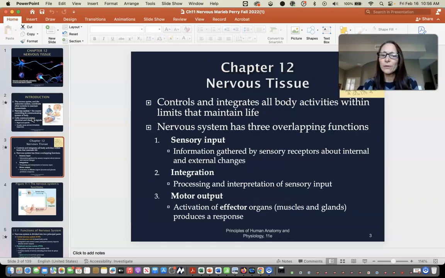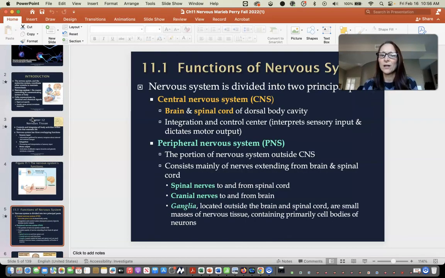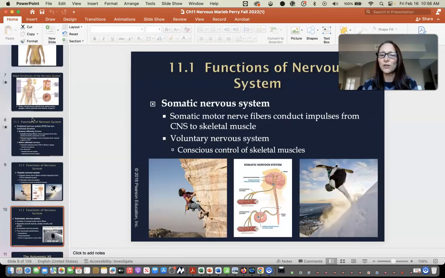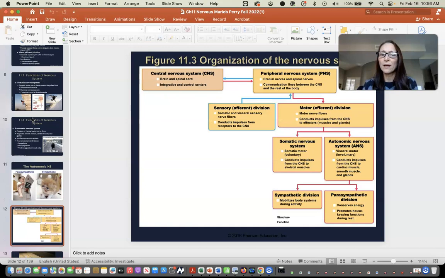So it's going to go through the functions of the nervous system and the main functions of each of the nervous systems. It's going to break the nervous system down into the central nervous system and the peripheral nervous system, and then it's going to break the peripheral nervous system down into sensory and motor, then motor into somatic and autonomic, and then autonomic into sympathetic and parasympathetic. So don't worry, we get to that in the video, but the reason I am mentioning this is it's a great overview.